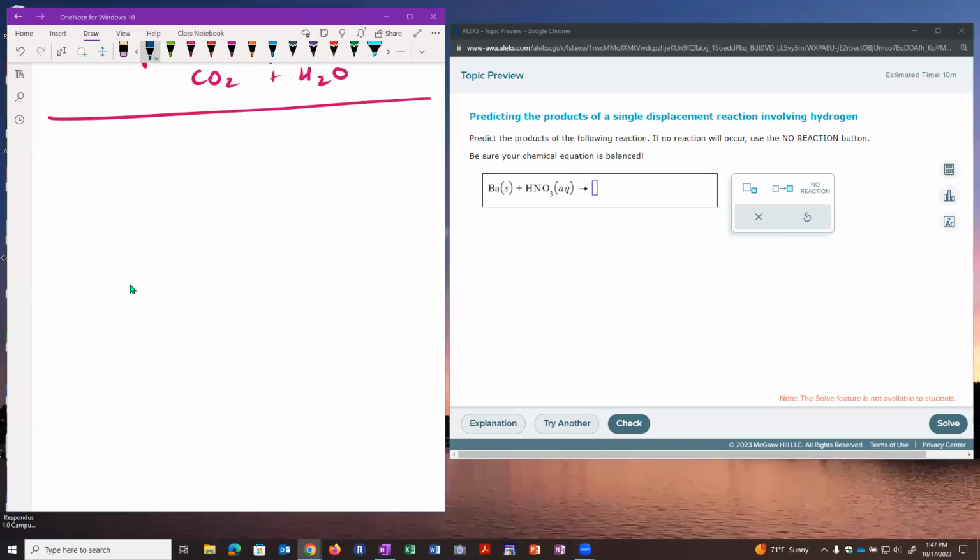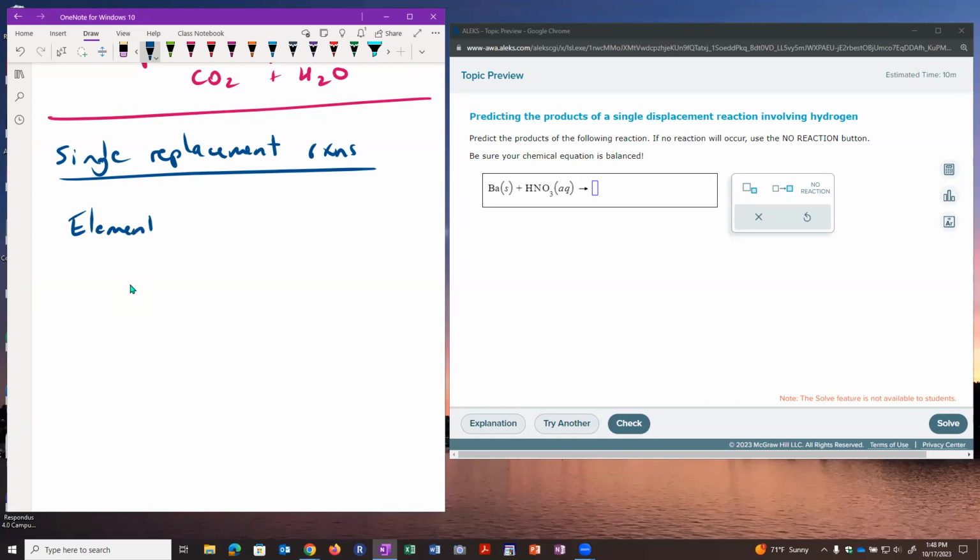All right, so in this question, we're looking at predicting the products of a single replacement reaction involving hydrogen. Okay, so in a single replacement reaction, typically what that means is you have an element to start off with that reacts with a compound, which is two or more different elements combined together, to produce now a new element on its own, and we get a new compound.